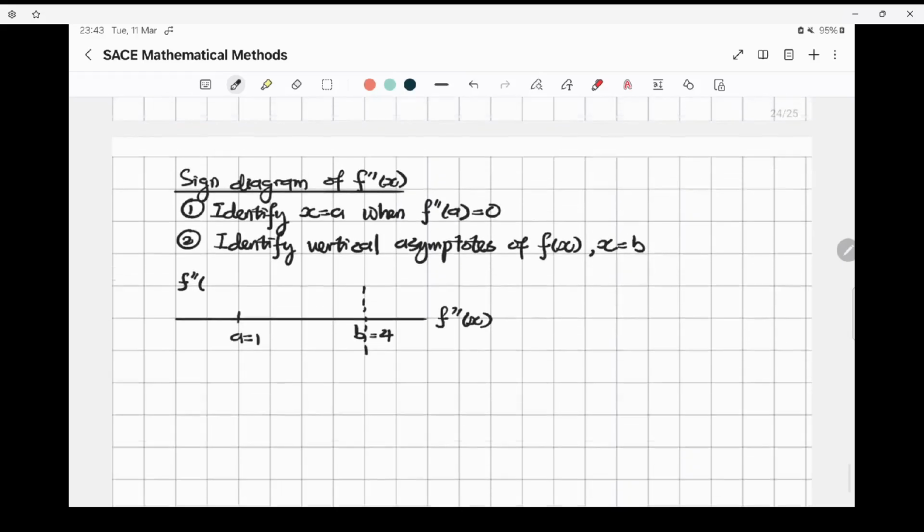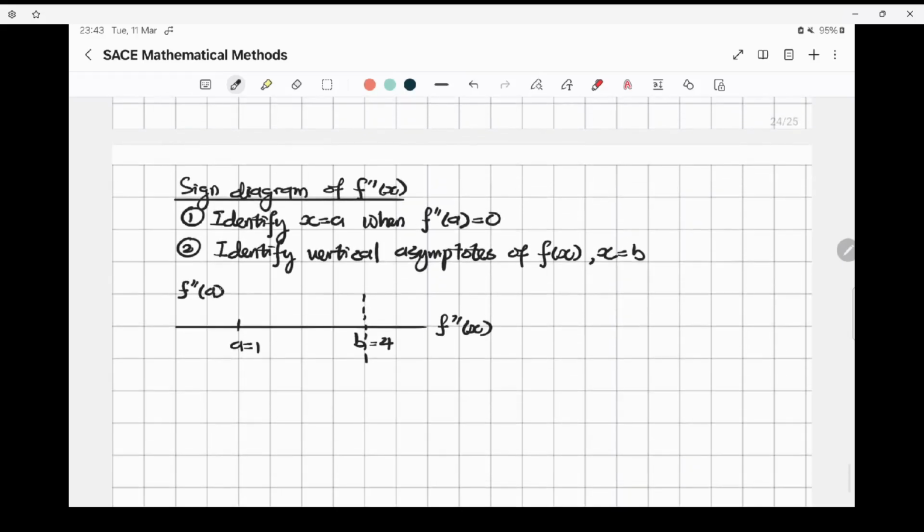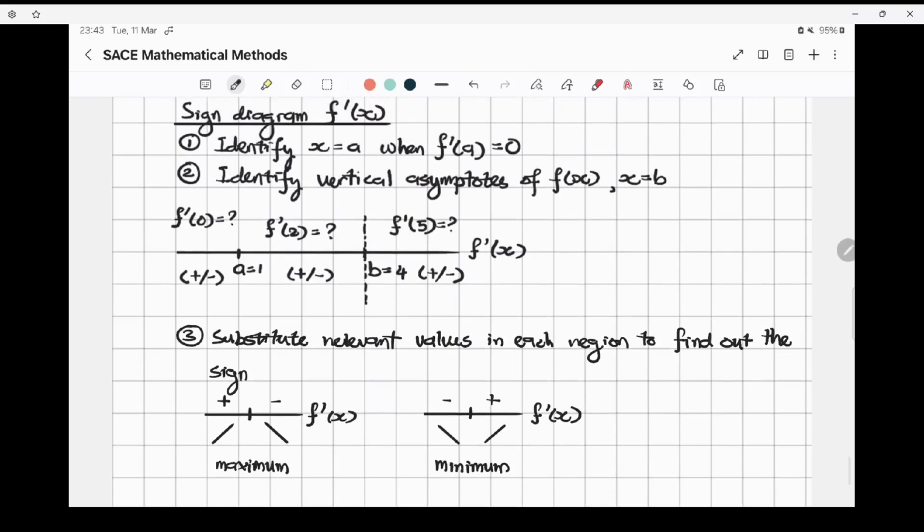Here you identify the value of f double prime of 0, for instance, and label down the sign, and then here you identify f double prime of 2, for instance, and label out the sign, and then here you identify f double prime of 5, for instance, and label down the signs.